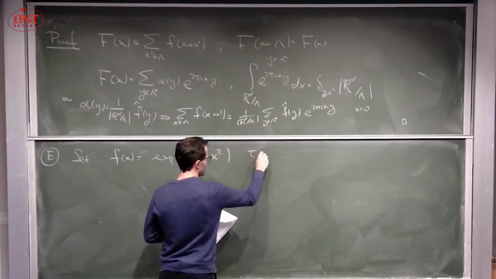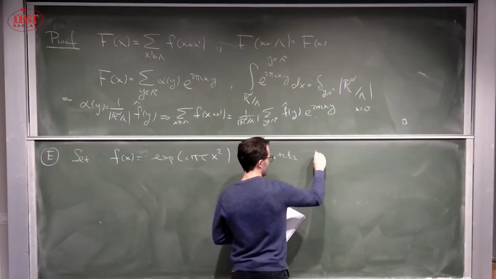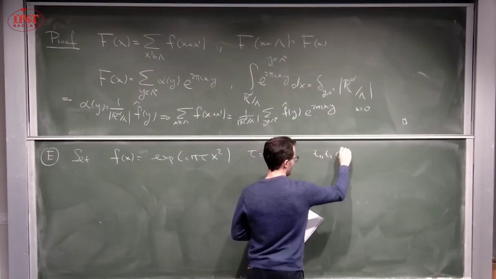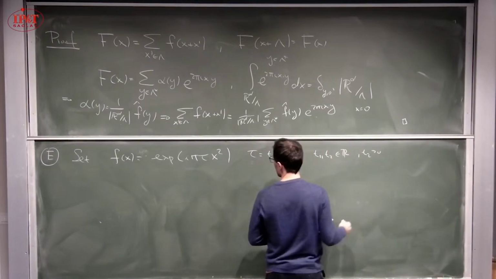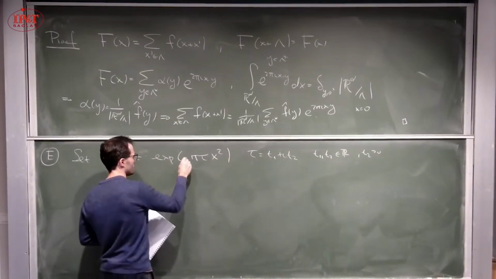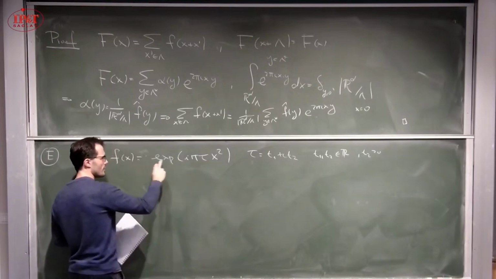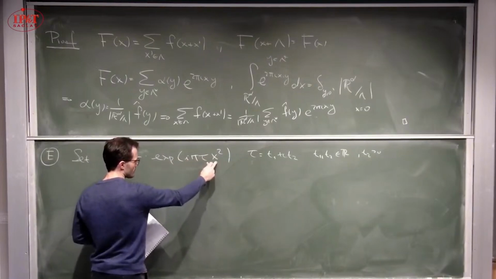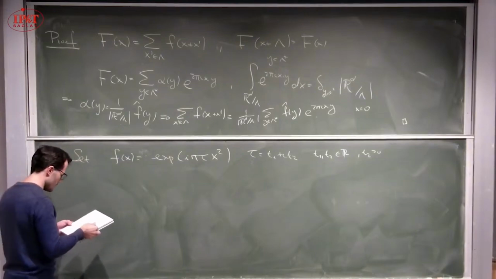And so if tau is within the upper half plane, so tau equals t1 plus i t2, where t1, t2 are real and t2 is positive, then this is a Schwartz function because it decays very, very fast as x grows, with an e to the minus x squared.